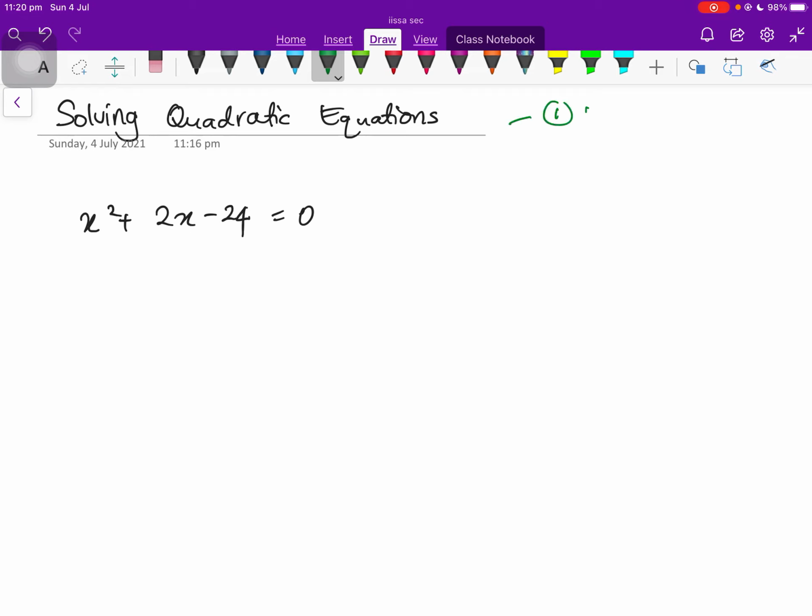Number one, by using factorization. Today we will learn how to use the quadratic formula and also completing the square.